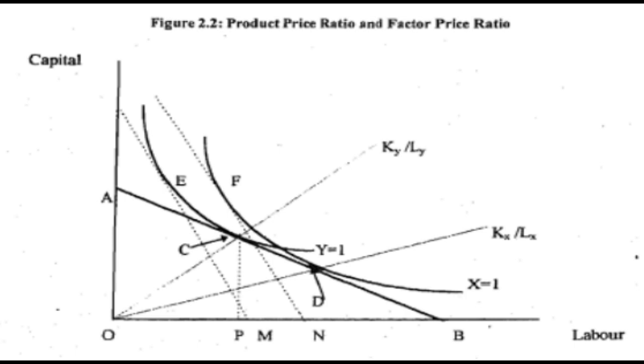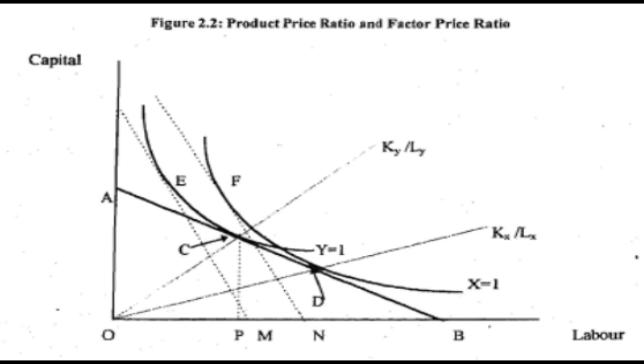Look at the screen. Let us now see how the average costs in the two industries producing X and Y change when the wage-rental ratio, W/R, rises. Common sense would suggest that since labor is intensively used in X and since it is the wage rate, W, that rises relative to the rental price of capital, R, the average cost of X should rise relative to the average cost of Y. In figure 2.2, the initial situation is one of equal average costs or product prices of the two industries, and this happens because the isocost line is a common tangent to both isoquants.